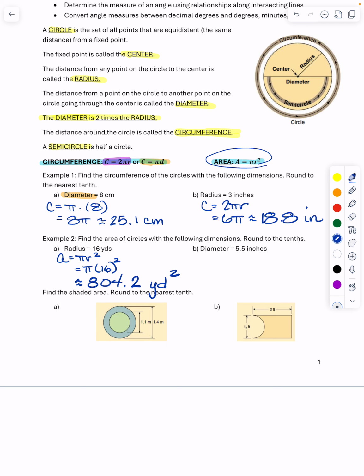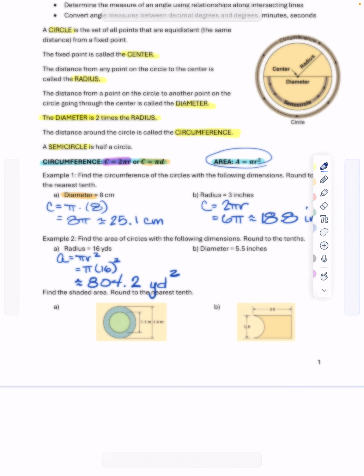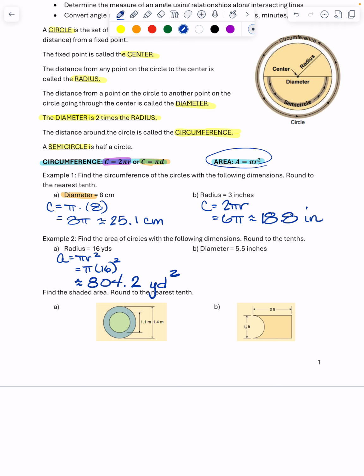In B, we're given the diameter. Problem is the formula for area does not use diameter, it uses radius. So we need to start by finding the radius, and we're going to take our diameter and cut it in half. And we get a radius of 2.75. That is what is going into our area formula.